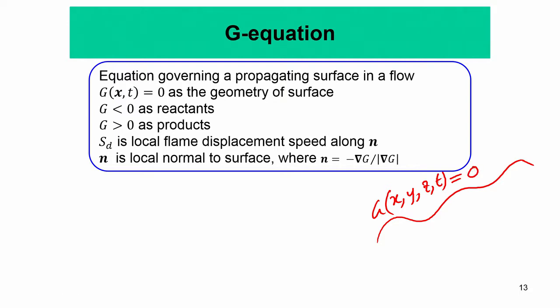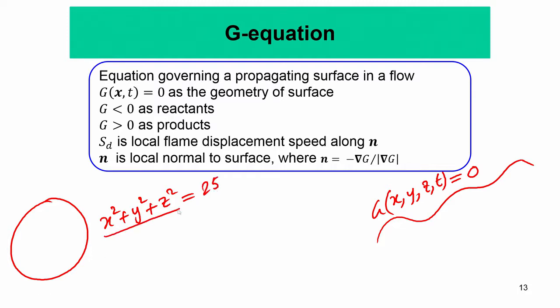A very good example is if you have a sphere in space, how do you describe it? You say x squared plus y squared plus z squared is equal to, say if the radius is 5 units, 5 squared, okay. So this is equal to 25, okay. Then this whole thing is my g.